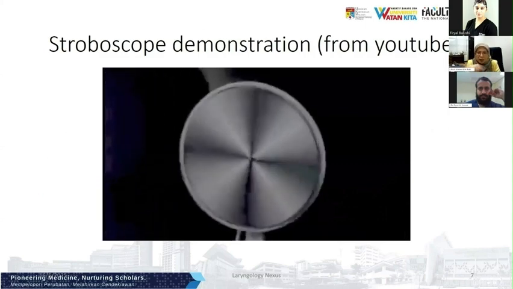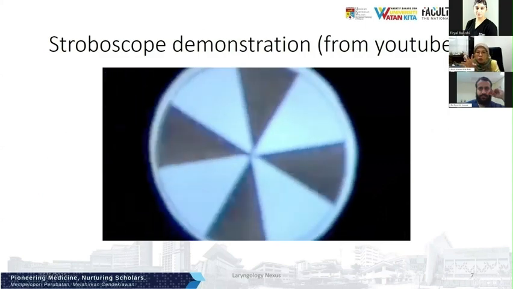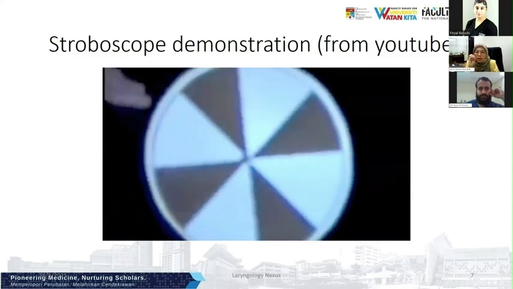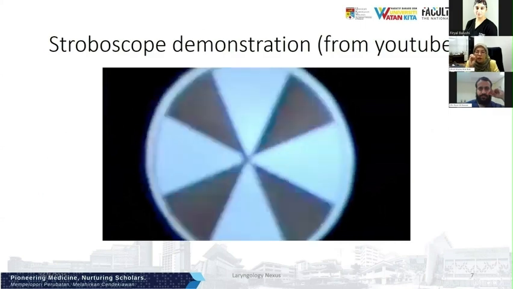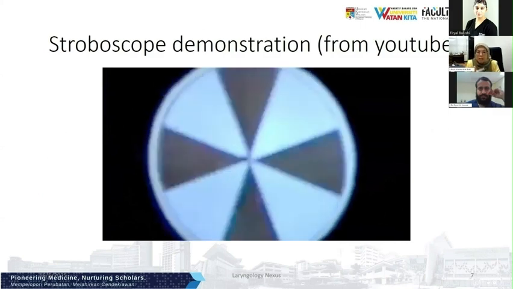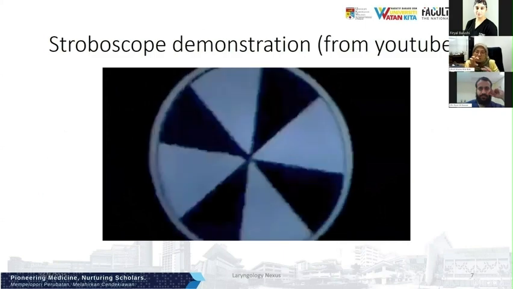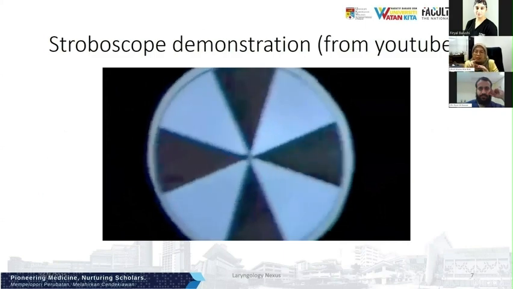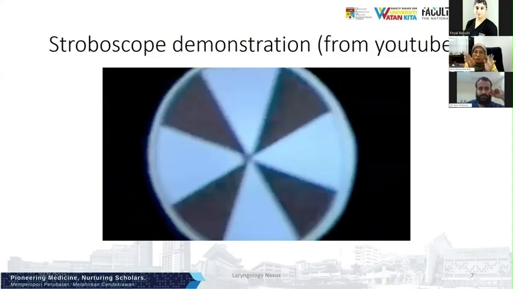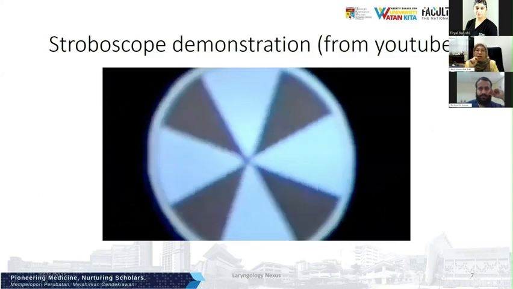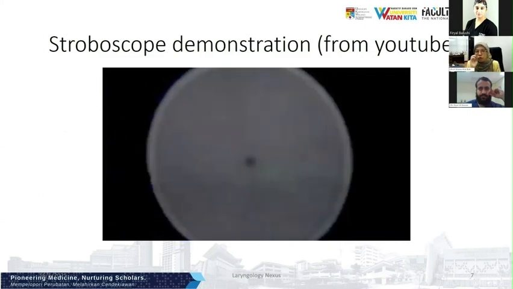When you make it move like a fan, you wouldn't be able to see the blades nicely. But once the stroboscope light is switched on and illuminated on the blades, and the frequency is matched to the frequency of the blades, now you can see the black blade moving in slow motion. So that's how the stroboscope works.